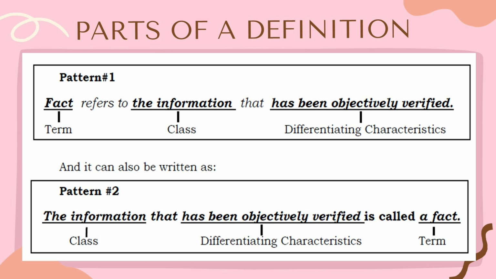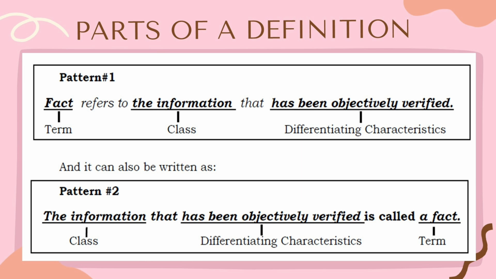So for pattern number 1, as we can see, fact refers to the information that has been objectively verified. So the term that is being defined in this example is fact. Then it belongs to the class the information. And the differentiating characteristics for this definition of fact is has been objectively verified.